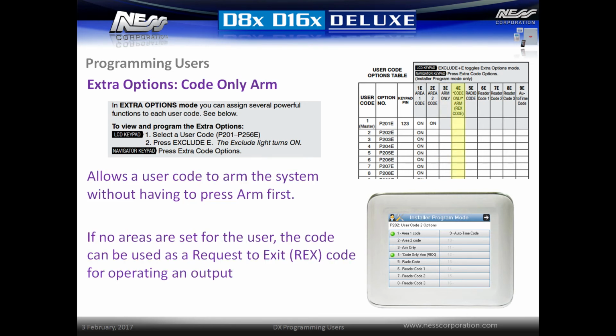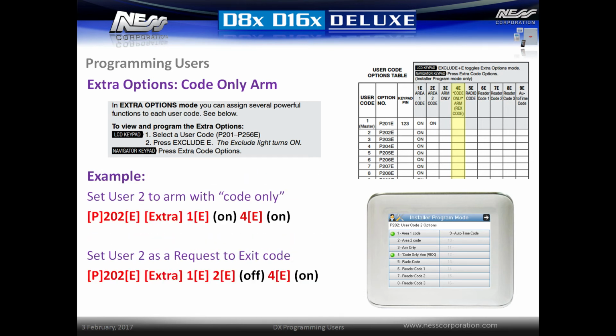Extra option 4E allows a user code to arm the system without having to first press the arm button. This allows entry of a user code to simply toggle the arm status of an area. If no areas are set for the user code, the code can be used as a request to exit code for operating an output. For example, to allow user code 2 to arm area 1 with a code only, select P202E.